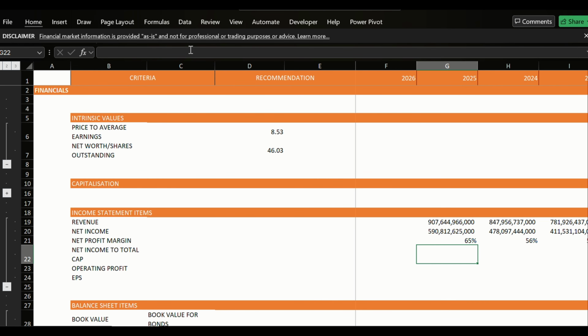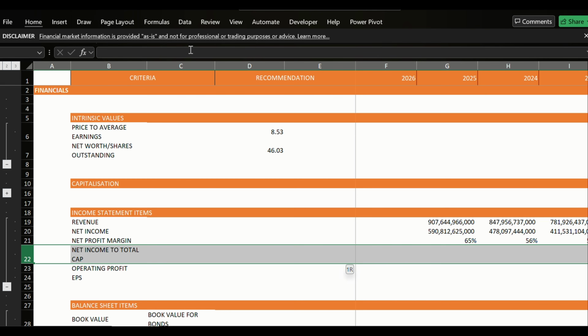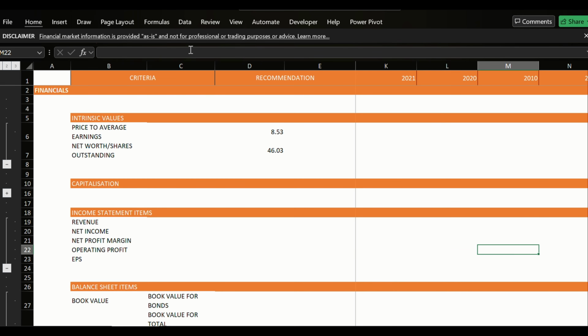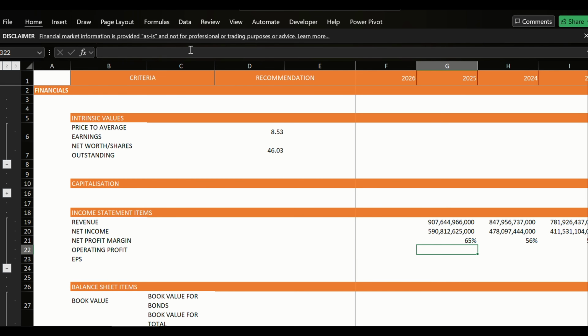Net income to total capitalization. Again, this is not, sorry, this is just going to be removed. The net operating profit of the seven profits.